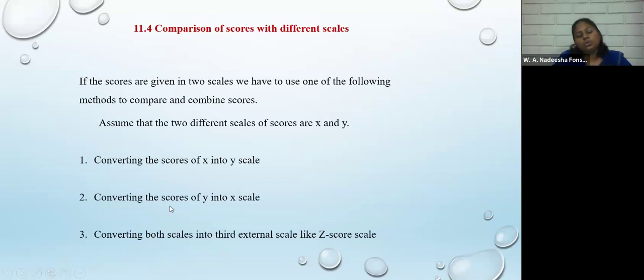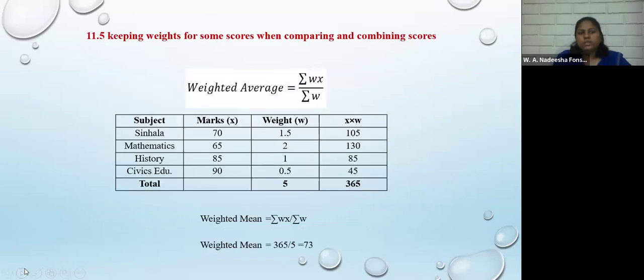If there are two scales, we have to convert them into a common scale. Then we discussed weightage average. I told you that it is like calculating your GPA, with credits. You have several credits for the subjects.